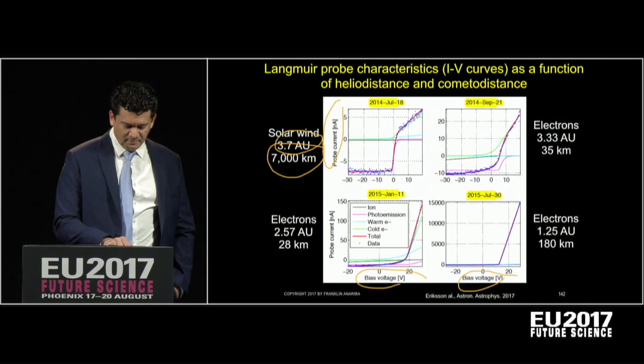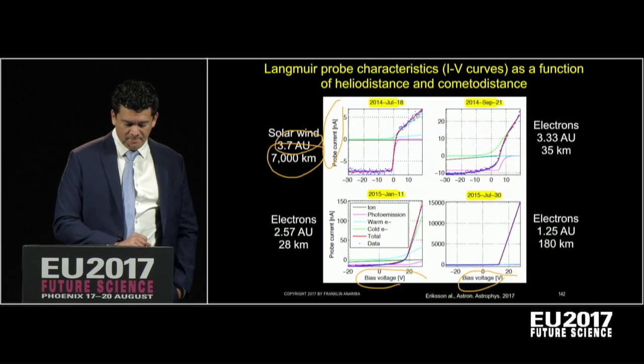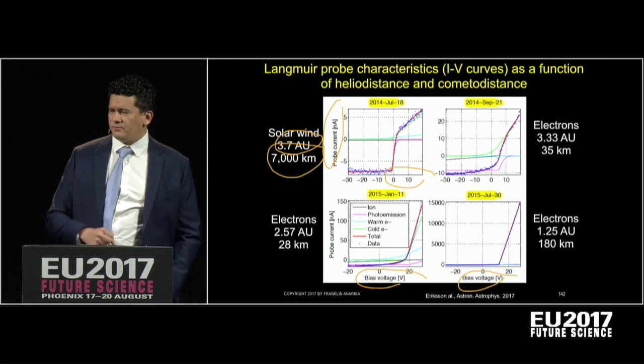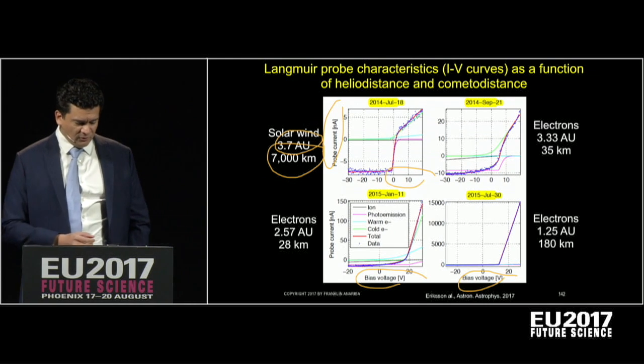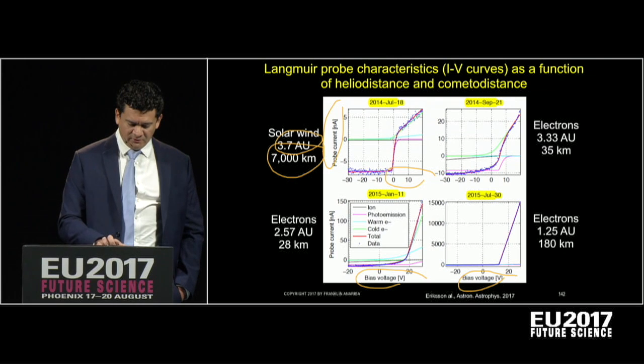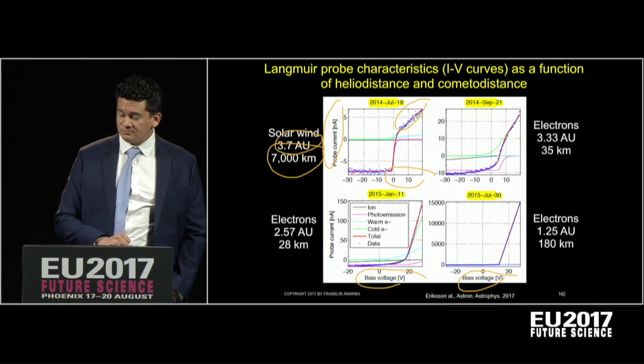So in this particular example over here, where we only see a few nanoamps of current, especially positive bias, this corresponds to the solar wind because we're 7,000 kilometers away from the comet. So the solar wind shows currents in the nanoamp range.